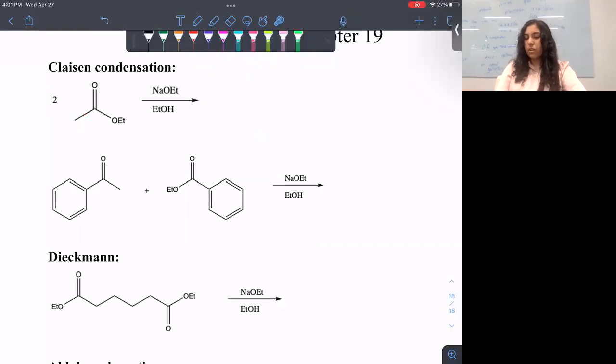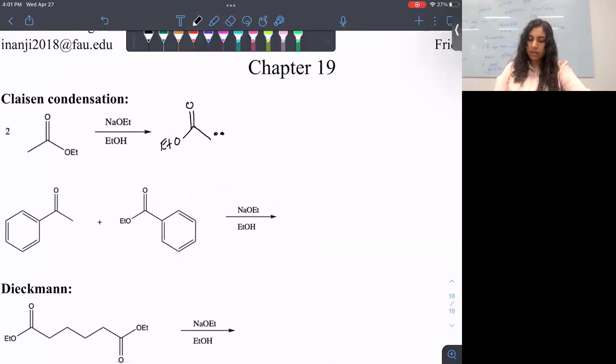So let's do that. So the very first step is base. We're going to deprotonate it at the alpha carbon and get our enolate that's nucleophilic. Then there's 2 moles of that in solution. So we take another equivalent of it and it gets attacked by the alpha carbon. And then it has an OEt leaving group.